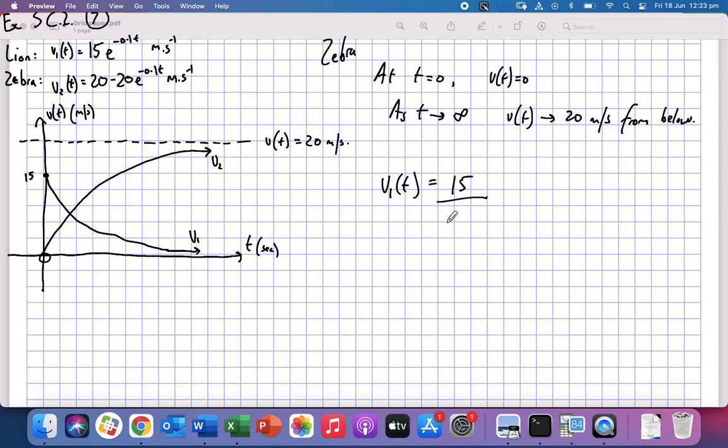Your function looks like this. You could say for all t greater than 0, v of t is always greater than 0 as well, right? Just to show that those velocities will always be positive.